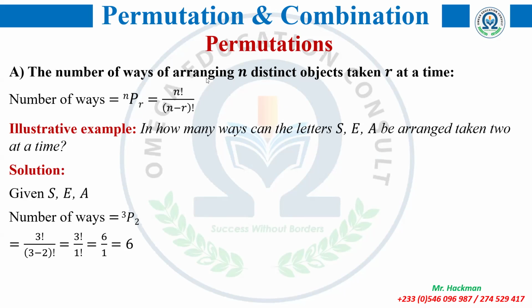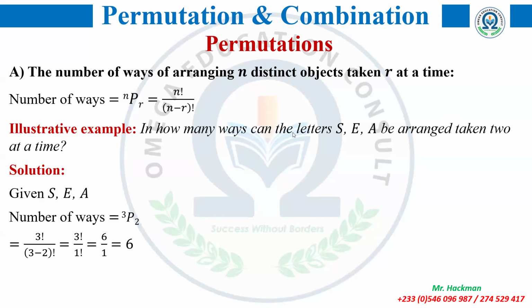That is a key word. And n distinct objects: distinct means we are dealing with different objects. By definition, nPr is equal to n factorial over (n minus r) factorial. Let's look at an illustrative example.